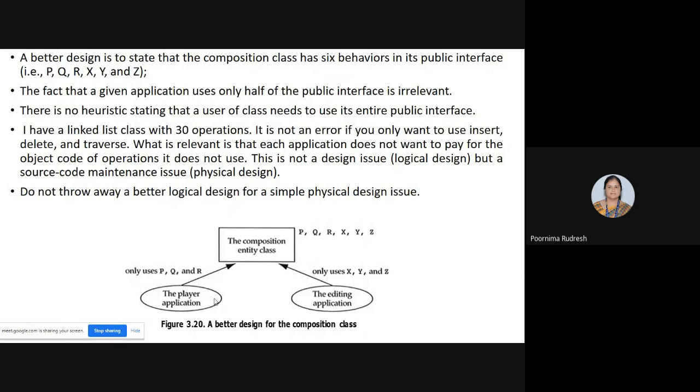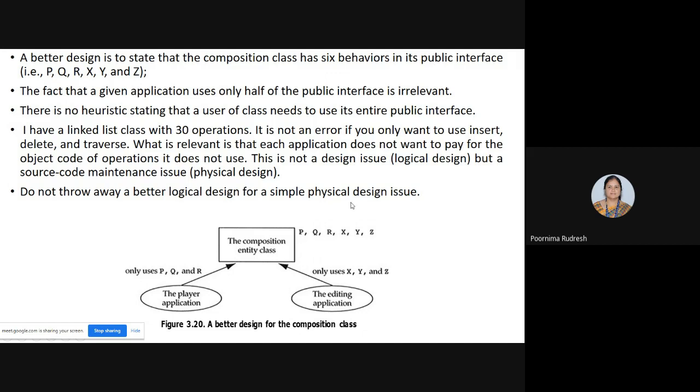No heuristic says that all the behaviors created must be used by a single application. One application may use half of the behaviors and the other application may use the other half, because no heuristic states that a user of the class needs to use its entire public interface.